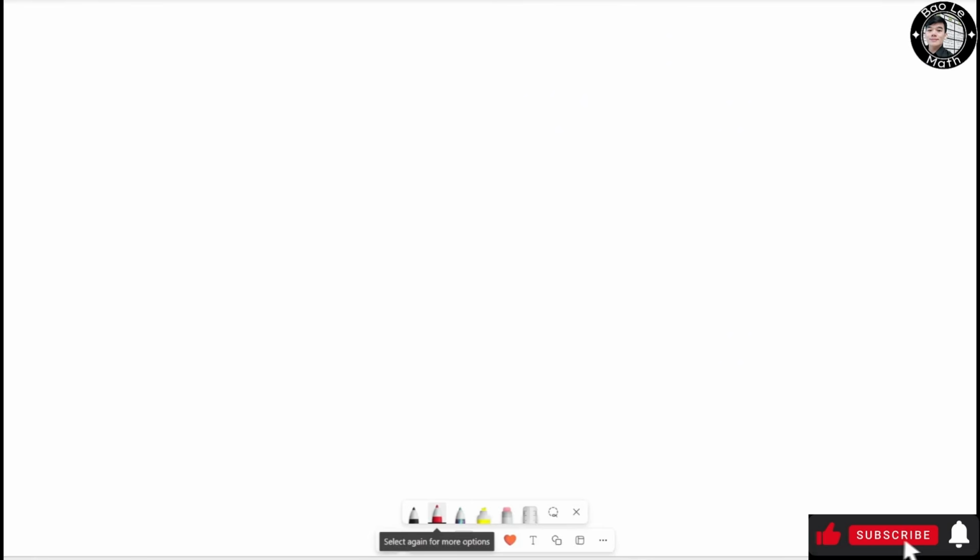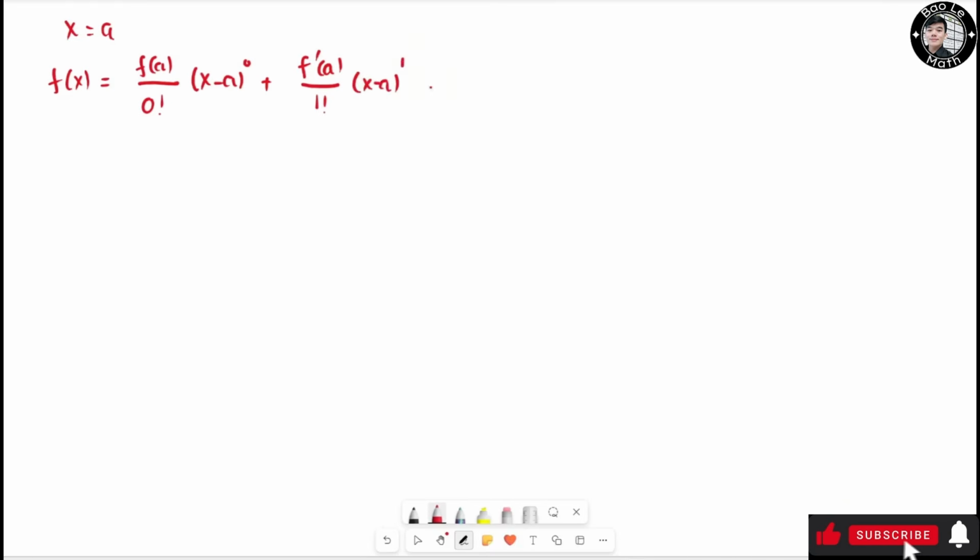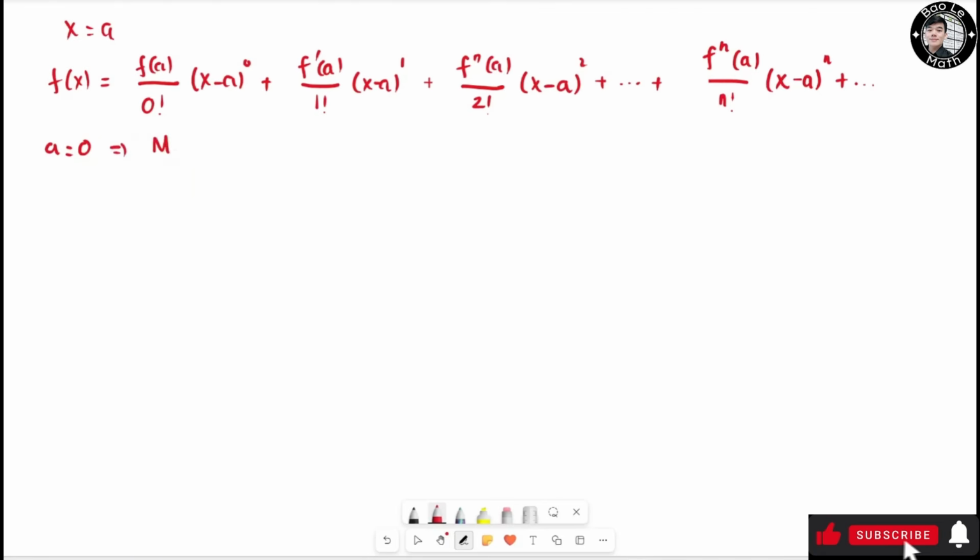Taylor series. So if the Taylor series is centered at s equals a, then we have f of s equals f of a over 0 factorial times s minus a raised to the 0, plus f prime of a over 1 factorial times s minus a to the power 1, plus f double prime of a over 2 factorial times s minus a squared plus etc. Now, if a equals 0, then the Taylor series becomes the Maclaurin series.